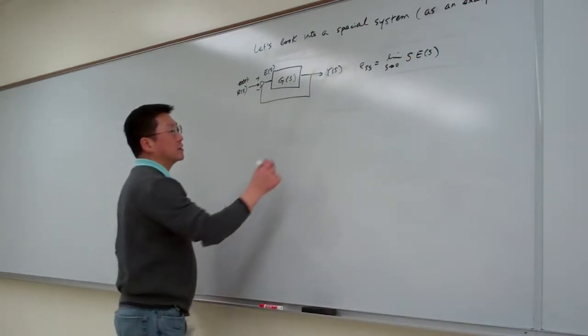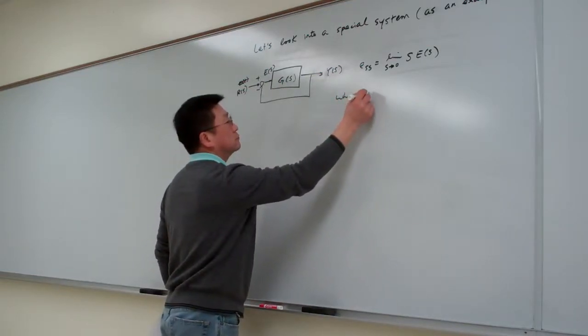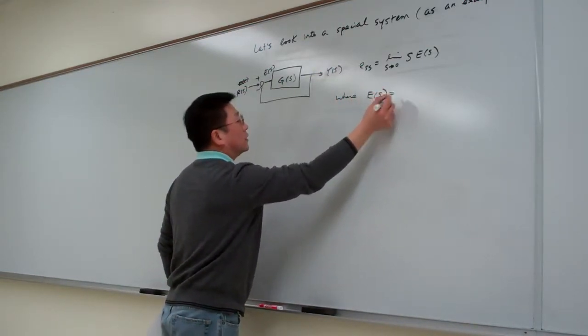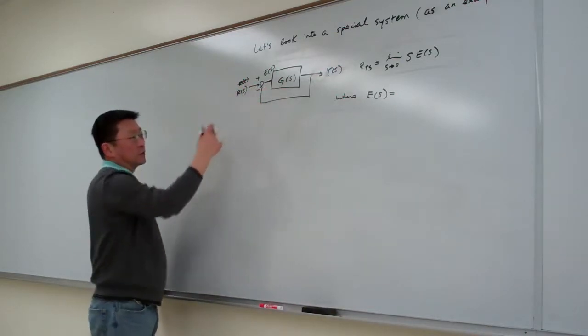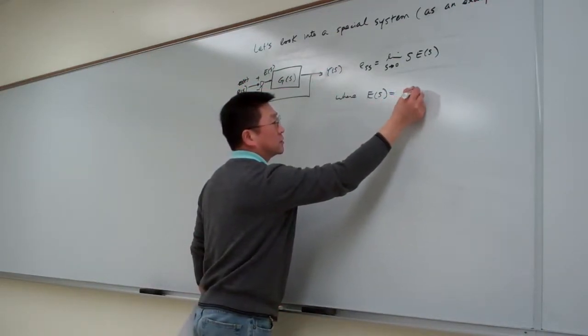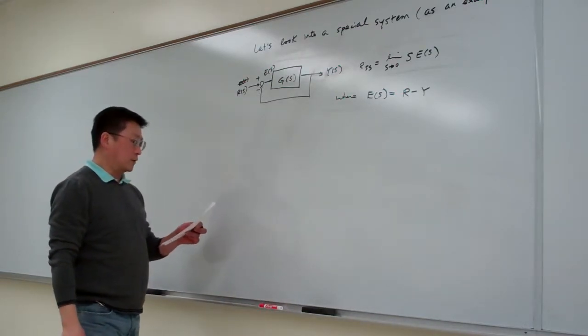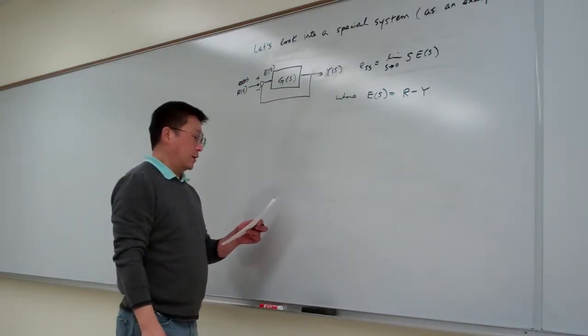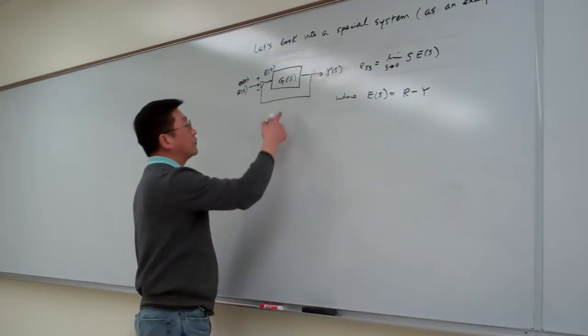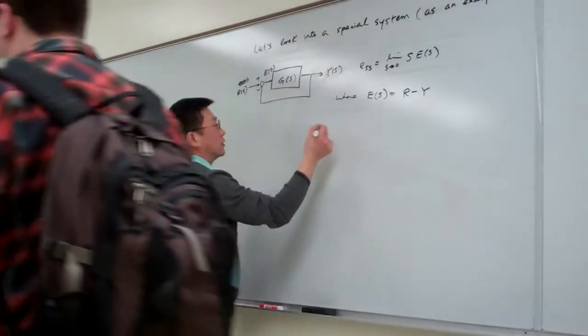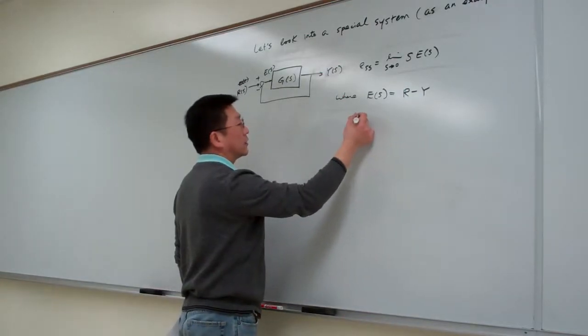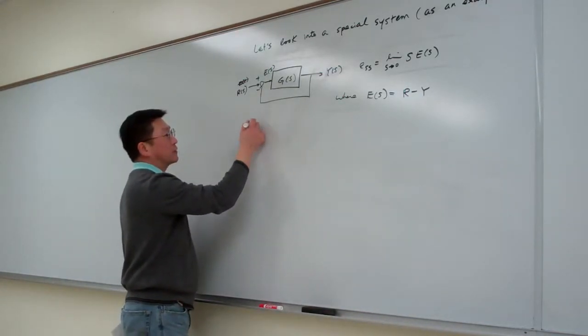And what is E(s)? By reading through this information, for this particular system it is simply R minus Y. And so here we have to do some scratch calculations.